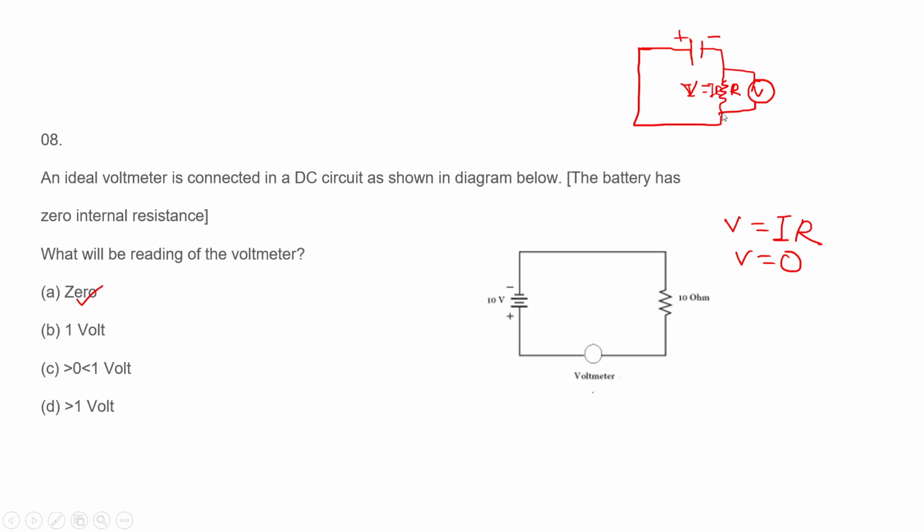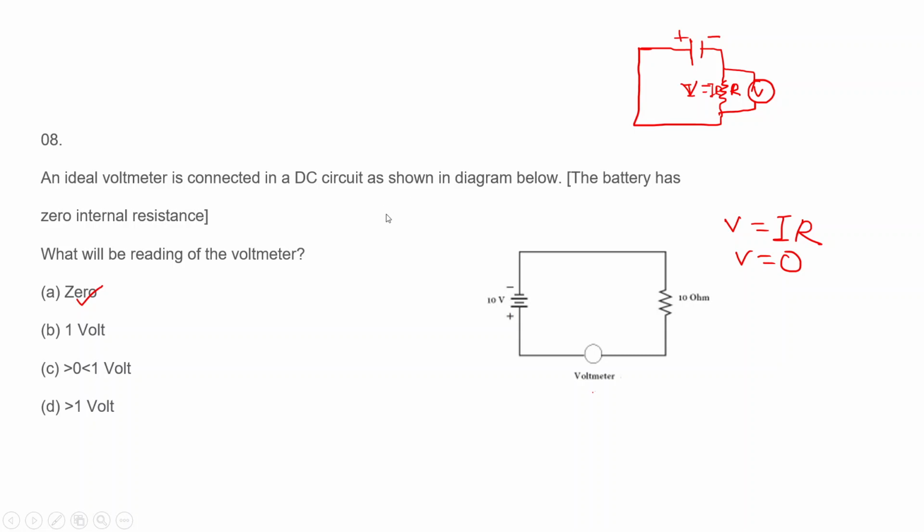So when we have a resistor and a very high resistance together in parallel, the current will not flow through the voltmeter, it will just flow through the resistor, and then we can measure the voltage drop across this particular resistor. This is how a voltmeter is supposed to be used.